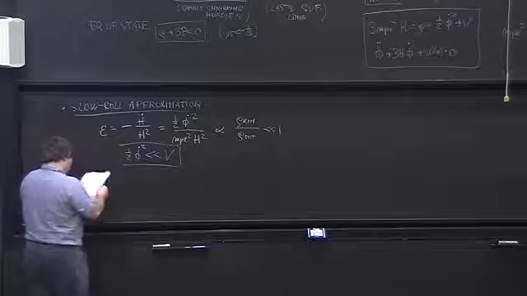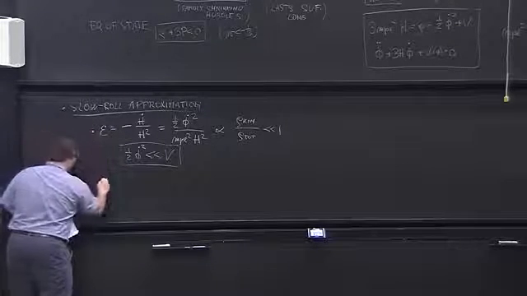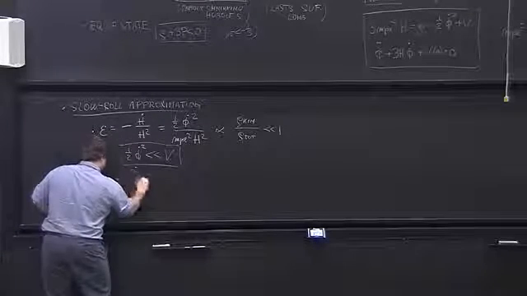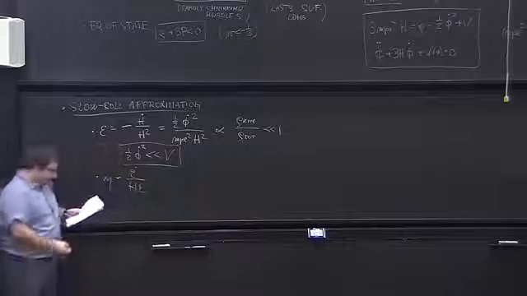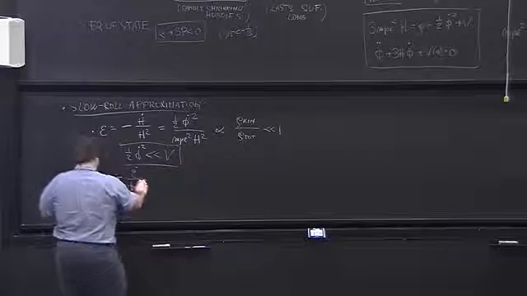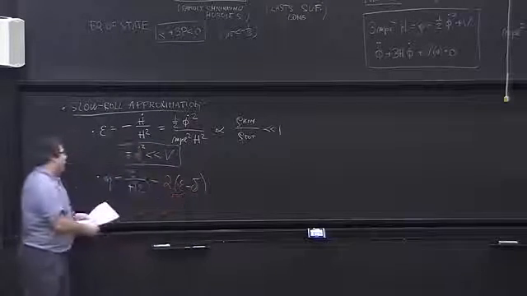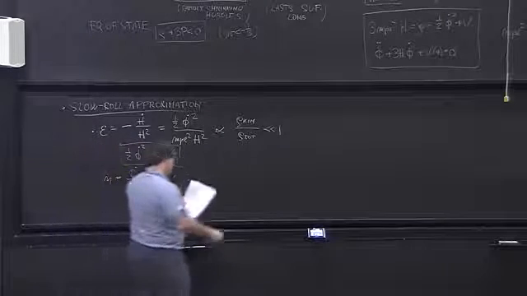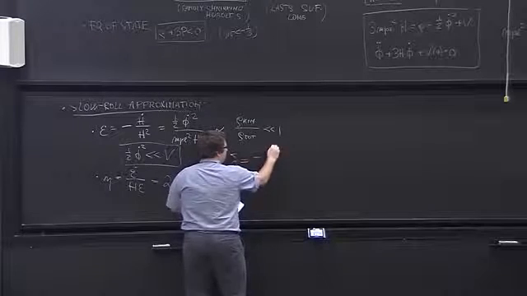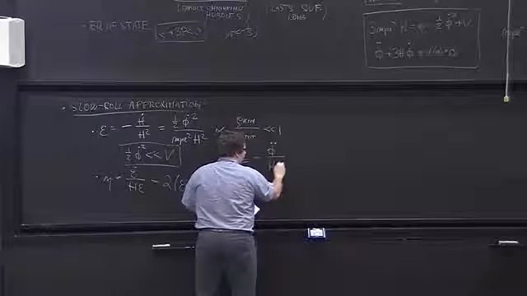Okay. So now the second parameter, eta, is epsilon dot over H epsilon. And again, if you play with the equations, you find that this is equal to epsilon minus delta, where delta is minus phi double dot over H phi dot.